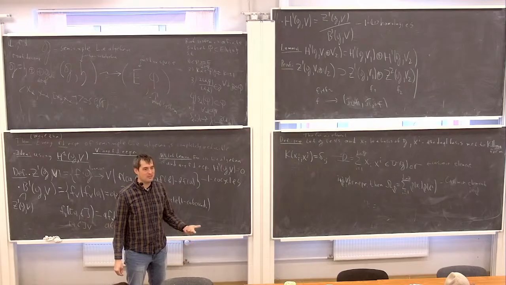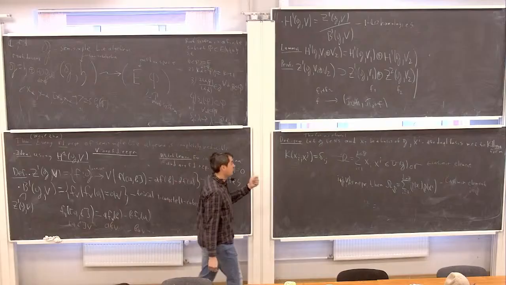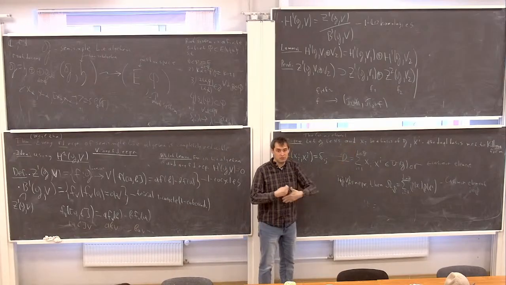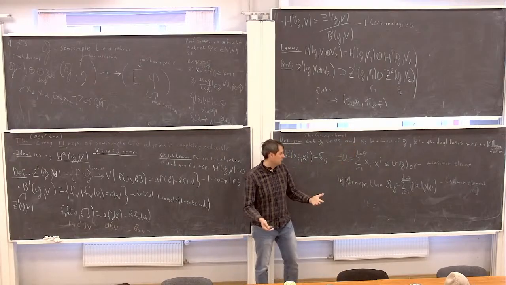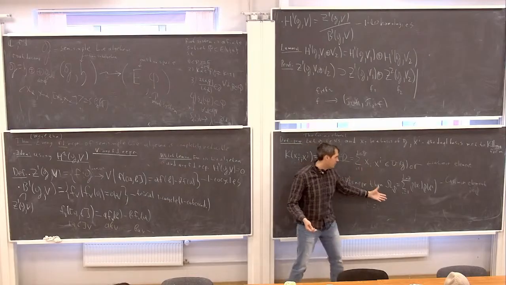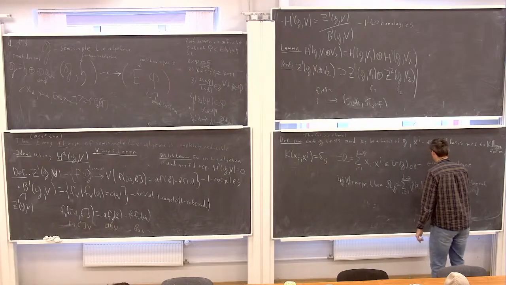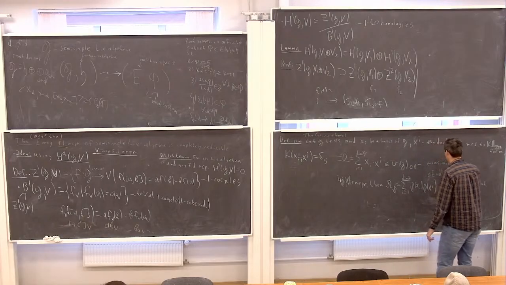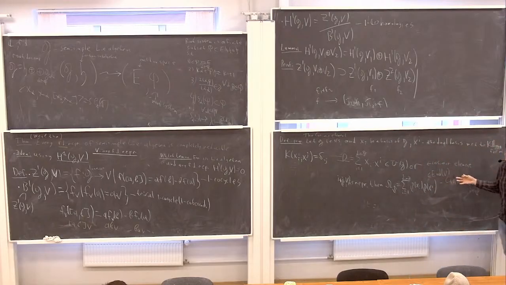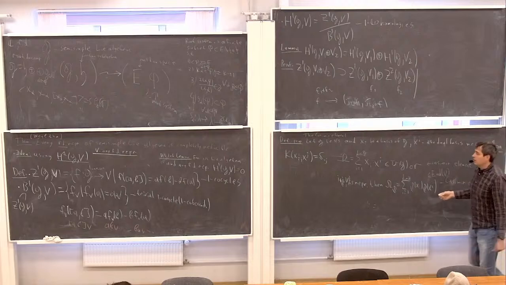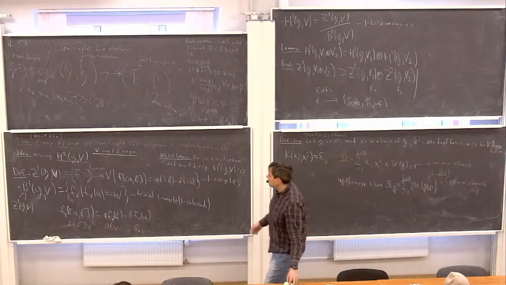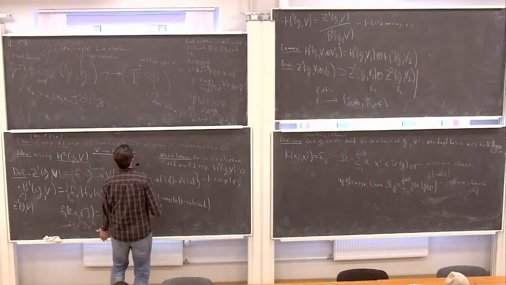I wrote the Casimir element. It's unique, but in order to define it, I use some basis. If I choose another basis, probably it could be a different element of the universal enveloping algebra, or this belongs to endomorphisms of V. It could be a different linear operator. In fact, it is not different. Let's prove it.